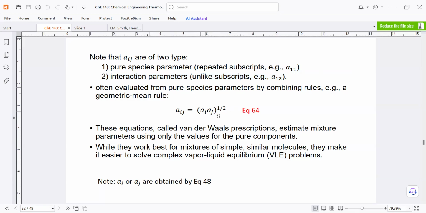We use this to evaluate the A for unlike species. Now, we call this the Van der Waals prescription, and it estimates the mixture parameters from the pure components. Now, these mixing rules work best for simple mixtures which have similar molecules, but they also make it easier to solve complex vapor-liquid equilibrium problems.